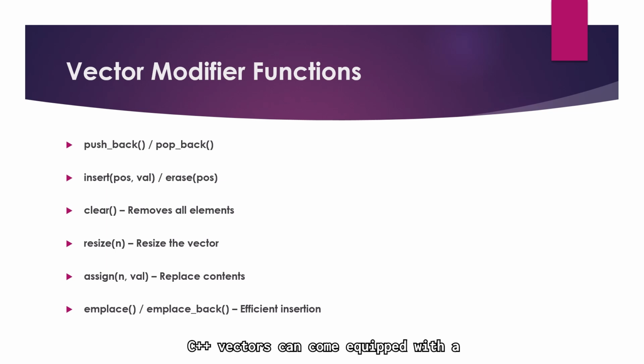C++ vectors come equipped with a rich set of modifier functions. These aren't just bells and whistles, they are essential tools you will use daily. Functions like push_back and pop_back add or remove elements from the end of the vector. Dot insert lets us place an element at any position, while erase helps us remove specific entries.